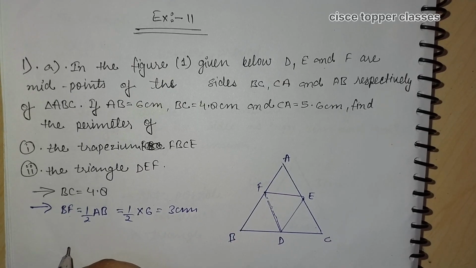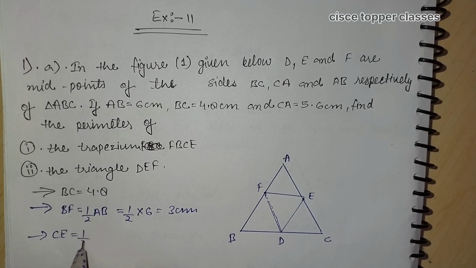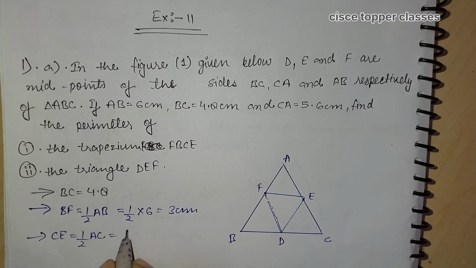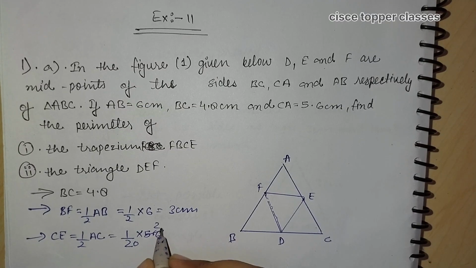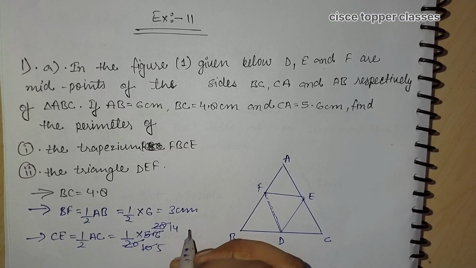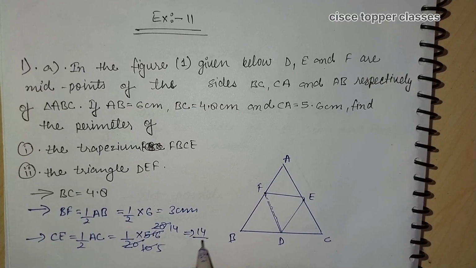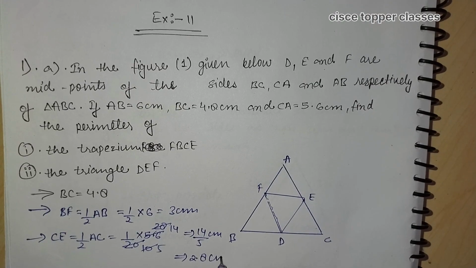Now we have to find the value of CE, which will be again half of AC, as E is the midpoint. So half of AC will be half of 5.6. This will be 28 divided by 10, which is 14 by 5 centimeter. We can simply write it as 2.8 centimeter.